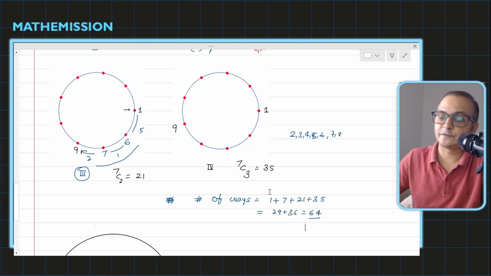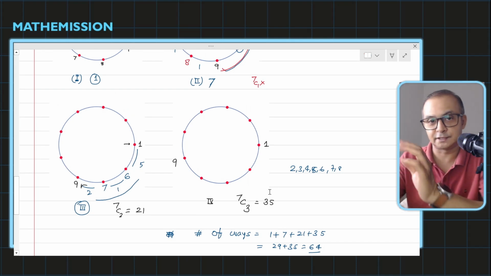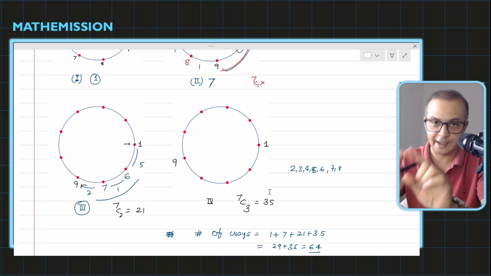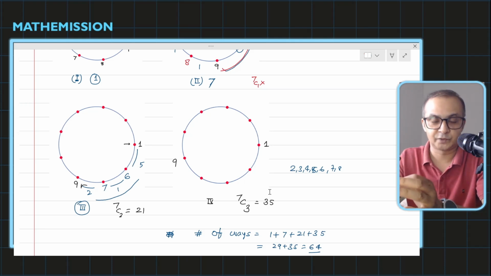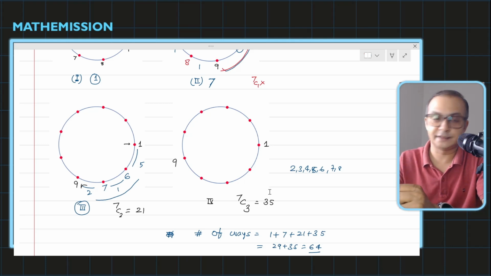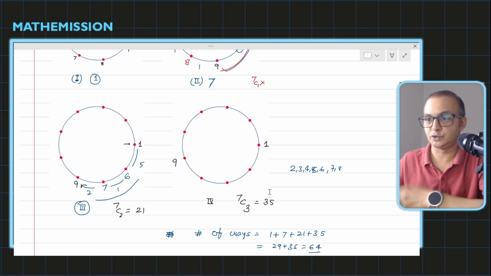So there are 64 ways in which we are taking the anti-clockwise and clockwise arrangements as the same. But if the question asks that the clockwise and anti-clockwise directions are different, we have to multiply this answer by 2 and you get 128.